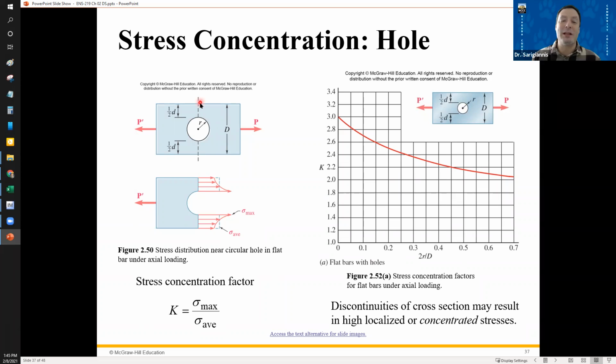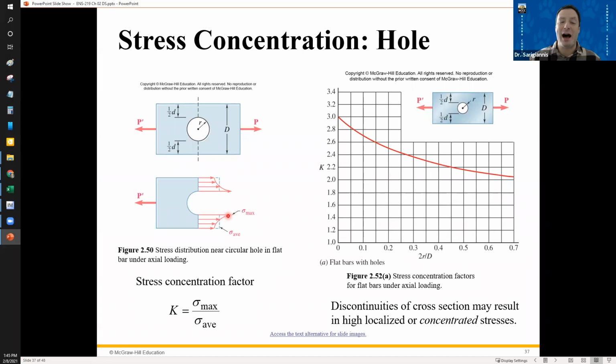Now normally when we did some preliminary calculations, we said, okay, due to these forces P, the highest normal stress is going to be in here, right? And we just calculated the open area and said it's uniform. In reality, the stress actually looks like this.